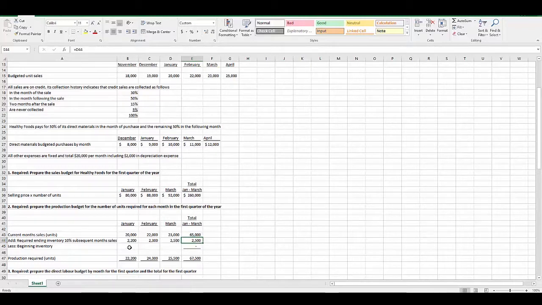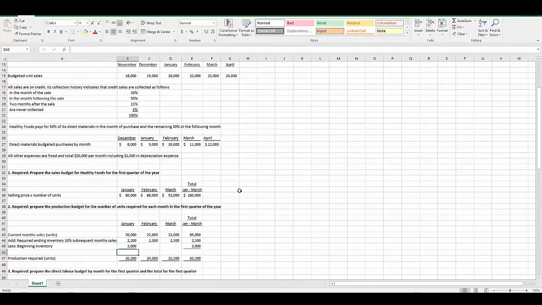The next piece of information is your beginning inventory. Because you had this policy of maintaining 10%, at the end of December you would have kept on hand 10% of January sales. So you would have had 2,000 in your beginning inventory, which is 10% times 20,000.